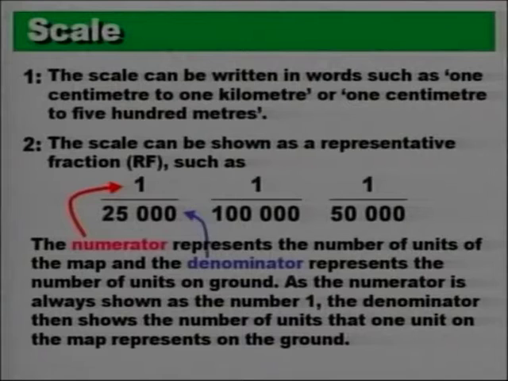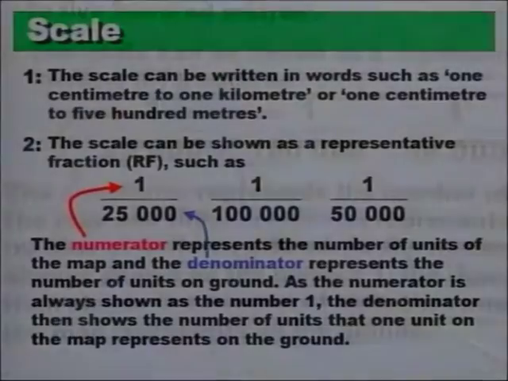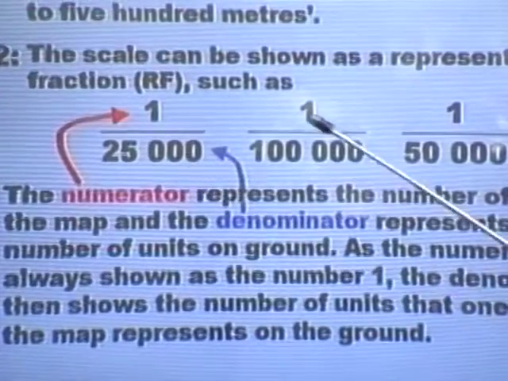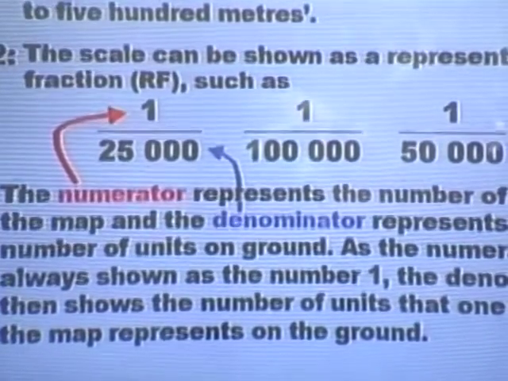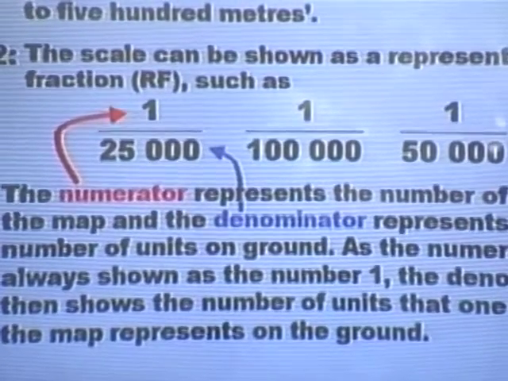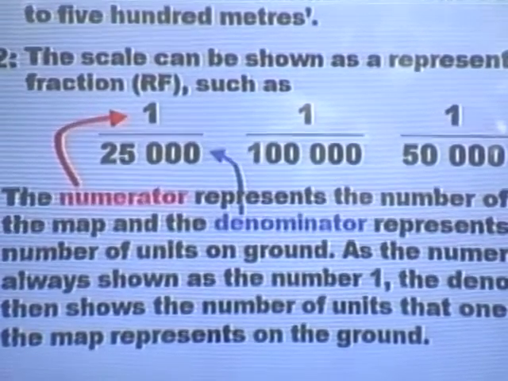And it tells us here that the numerator, that is the 1, represents the number of units on the map, and the denominator represents the number of that same unit on the ground.